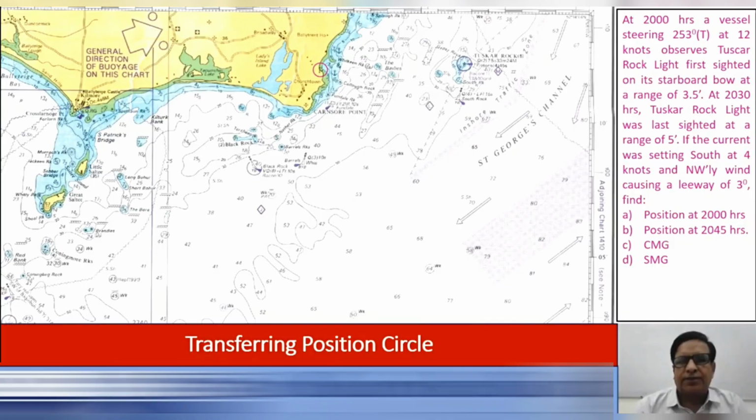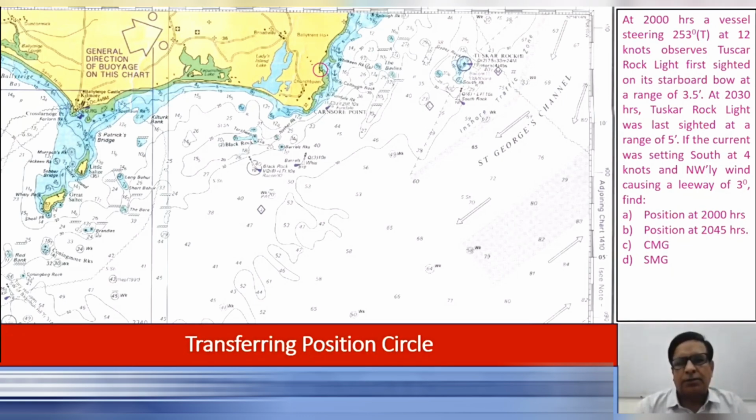At 1930 hours, a vessel steering 253 degrees true at 12 knots observes Tusker Rock Light first sighted on its starboard bow at a range of 3.5 miles.